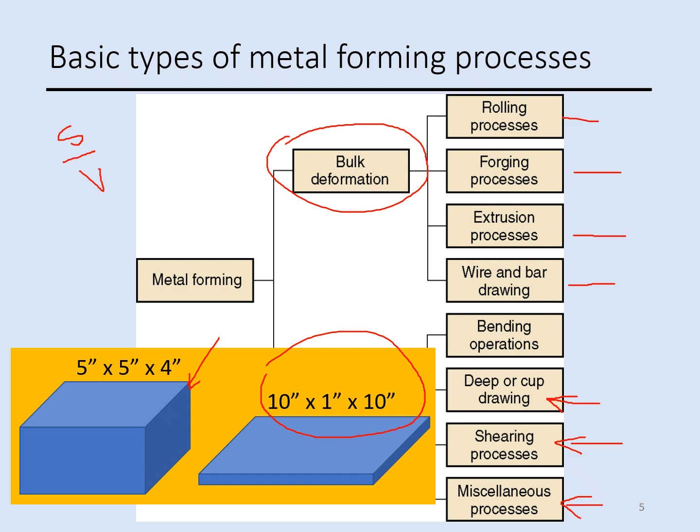In bulk deformation, surface over volume is small, and if you calculate it, you can find out the surface over volume for this one is smaller than for this metal sheet. The surface on this sheet is larger.